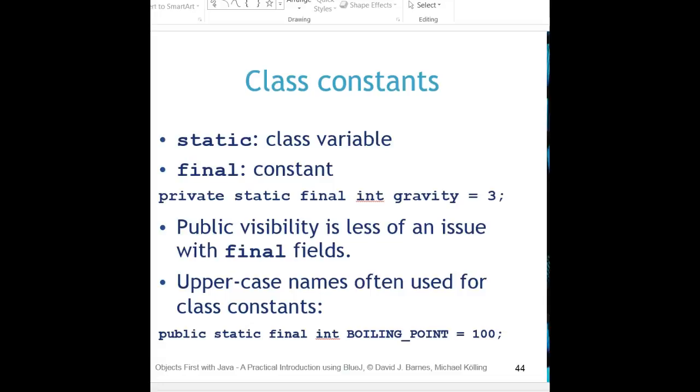In this style, in which constants are defined most of the time, instance-specific constants are much less frequently used. We also talked about uppercase names often being used for class constants. So here, the boiling point, if it's uppercase, is basically a constant.